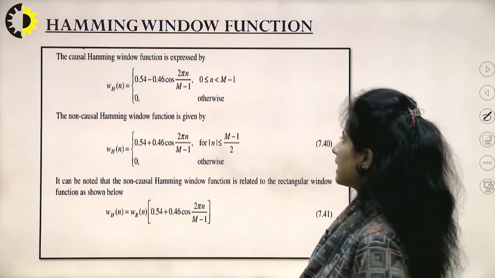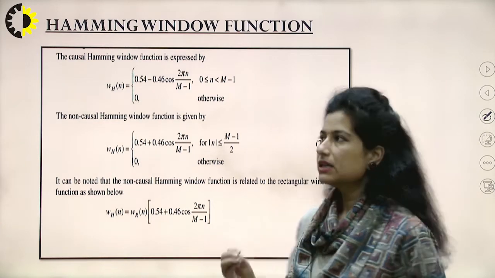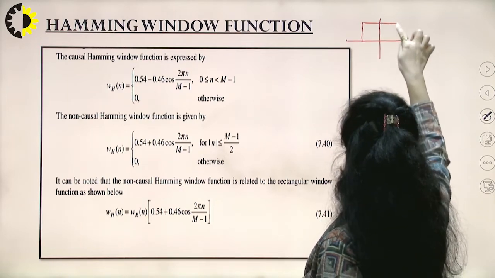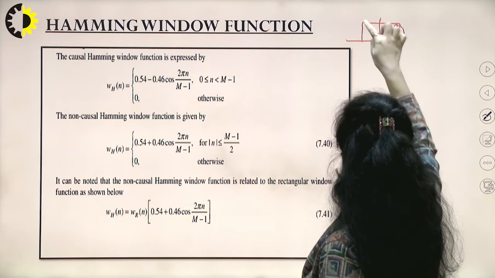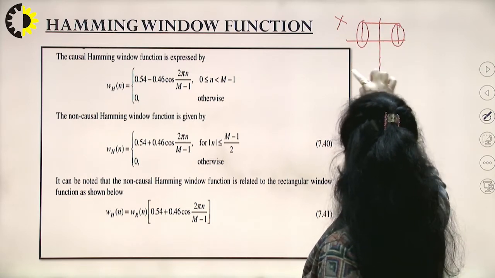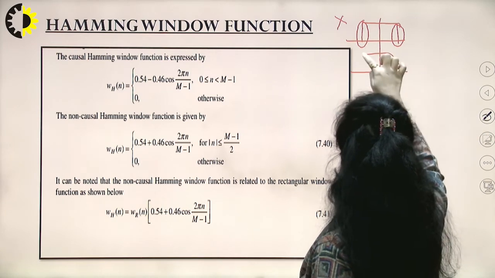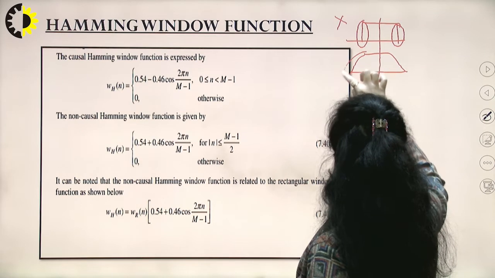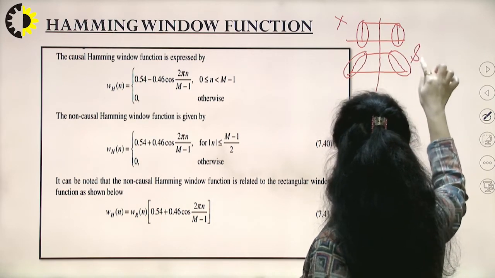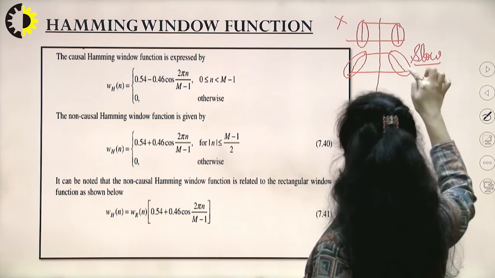Next is the Hamming window. In all these windows that we are going to discuss, I need to avoid abrupt transitions from passband to stop band. In some way I try to give tapering characteristics, which means the transition from passband to stop band is slow and takes some time to decay down to 0.